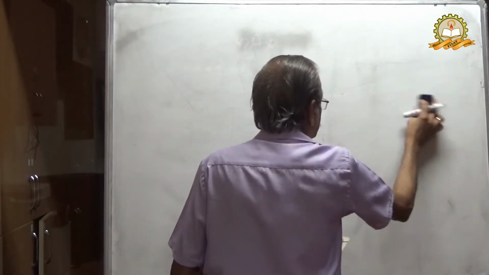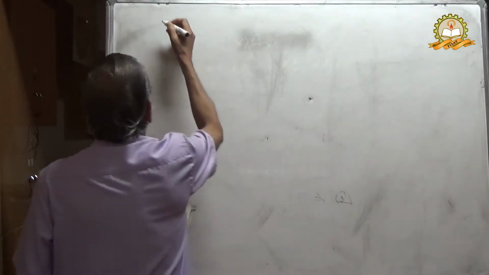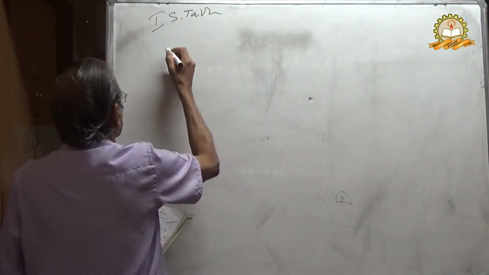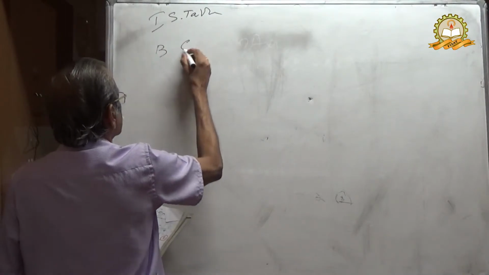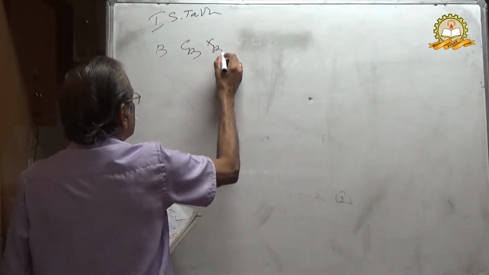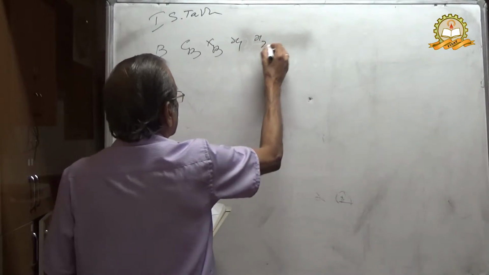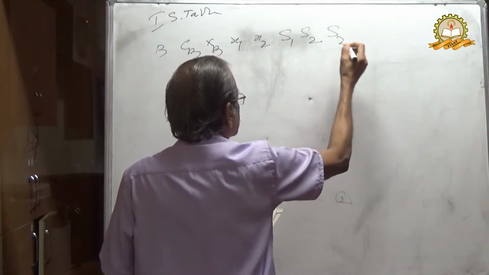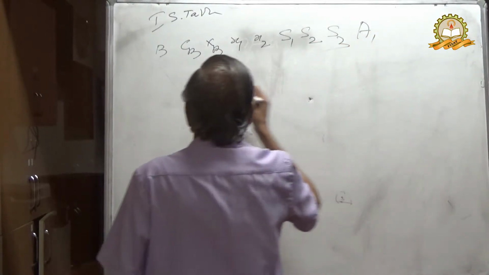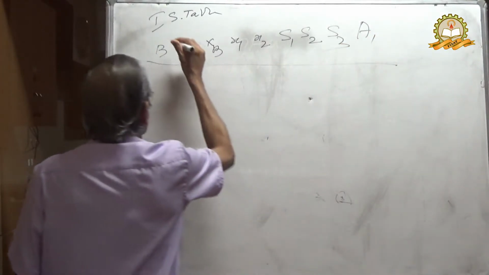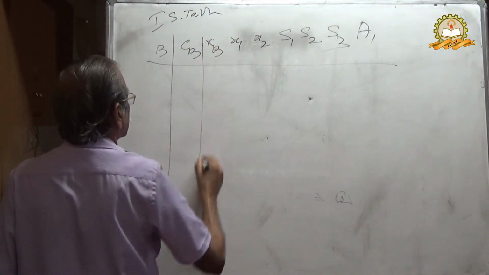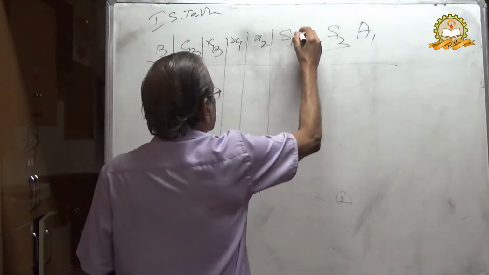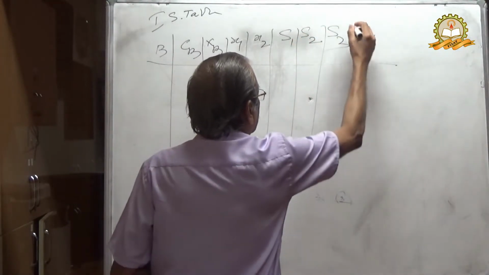And hence the first simplex table is: you can write B, CB, XB, X1, X2, S1, S2, S3, A1.